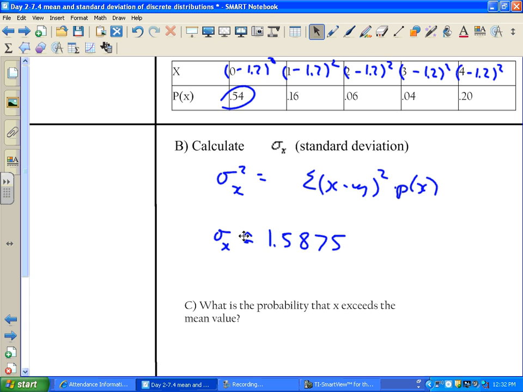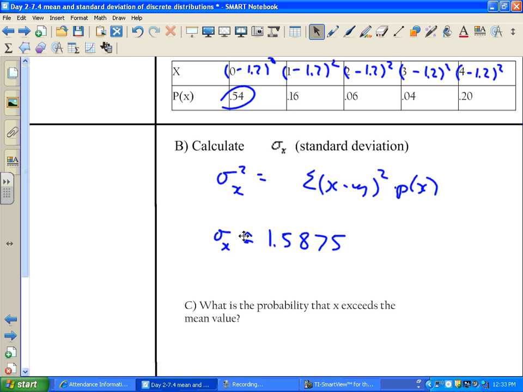Round to 4 decimal places. 0.00 does not count as 2 decimal places. I need 4 decimal places after that. Significant digits, sig figs, not decimals. These are just placeholders.